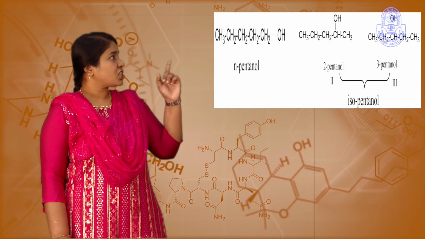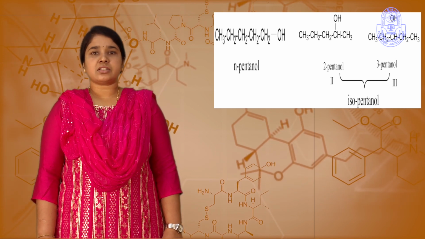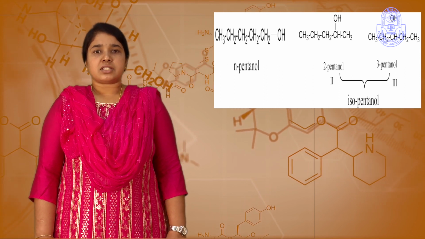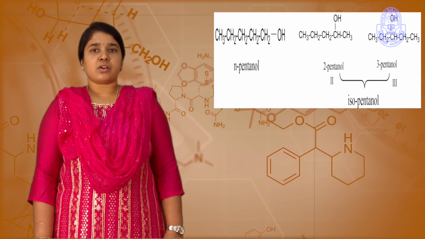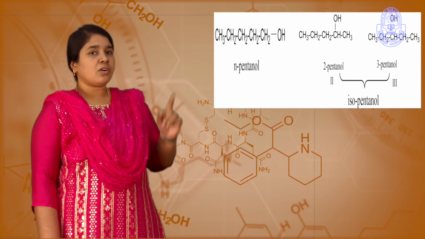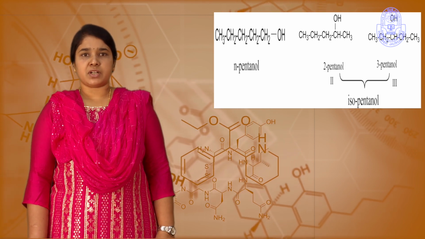Similarly, in structure 3, the OH group is attached to C3 and it is called 3-pentanol. Structures 2 and 3 are also called isopentanols. All of these alcohols differ in their physical and chemical properties.